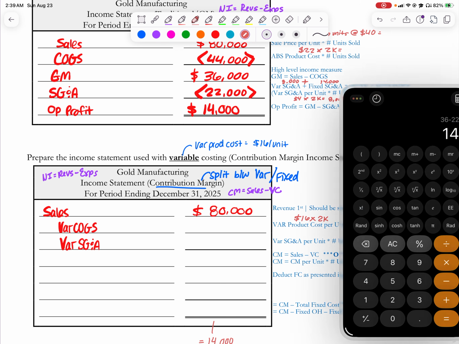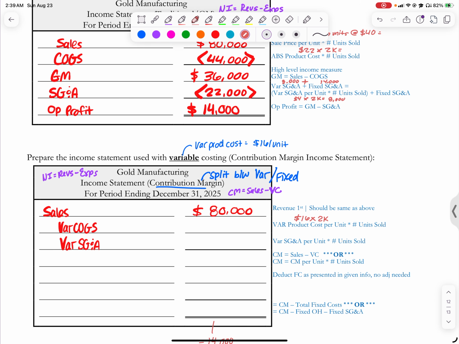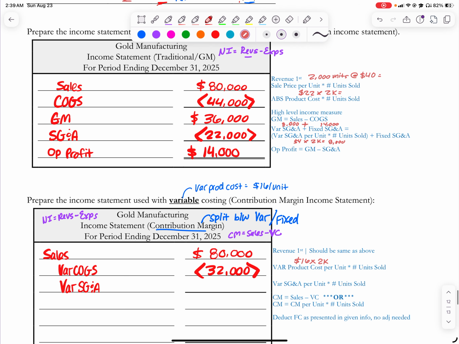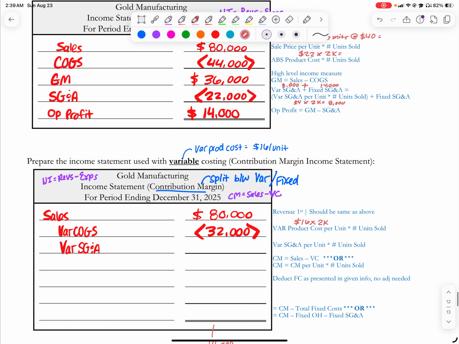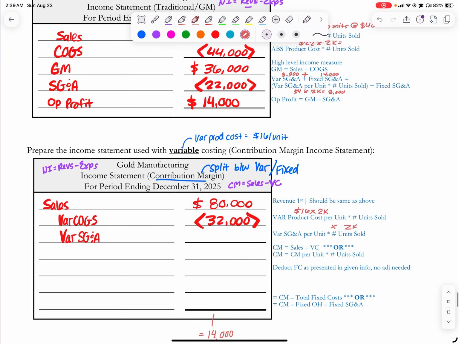So I sold 2,000 of them. I said each of them were worth $16 a piece. Gives me variable cost of goods sold of 32,000. Then I need my variable SG&A. Once again, I sold 2,000 of them. Variable SG&A is at $4 per unit, 8,000.